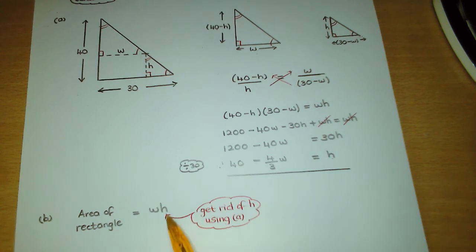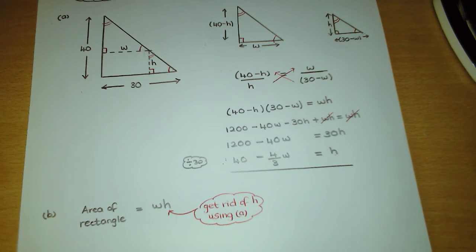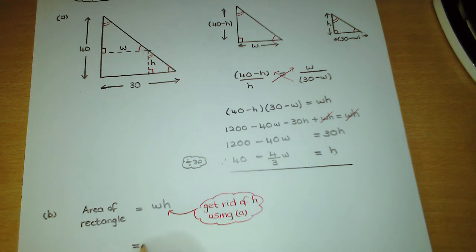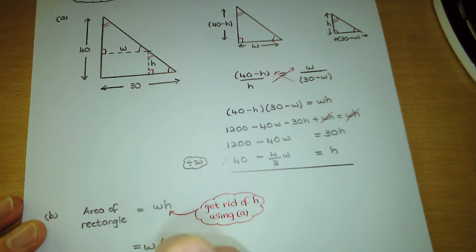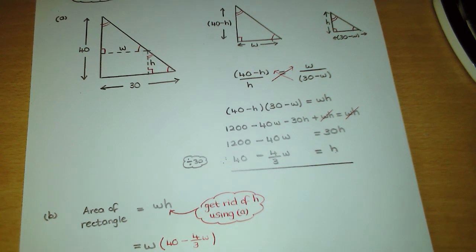So everywhere we see H, we're replacing it with this expression, and we need to put brackets around it. So we're going to get W, and then that's upon 40 minus 4/3 W. So tidy that up.